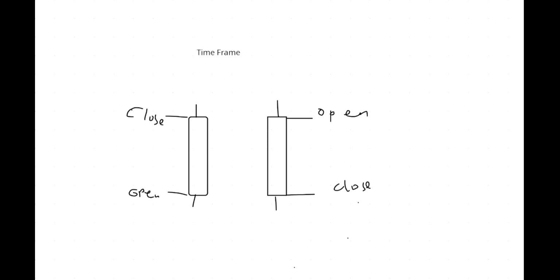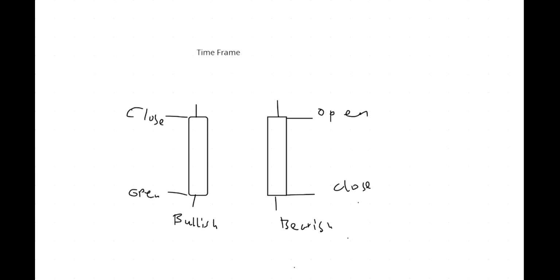First thing, keep it in mind. The one that opens below and closes above is a buying candle, or a bullish candle. The one that opens above and closes below is a bearish candle, or a selling candle.